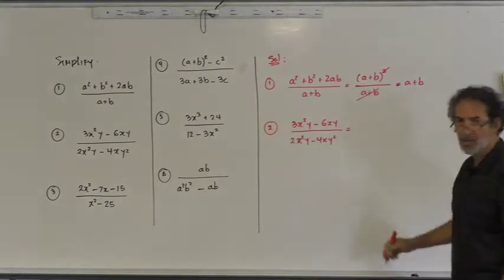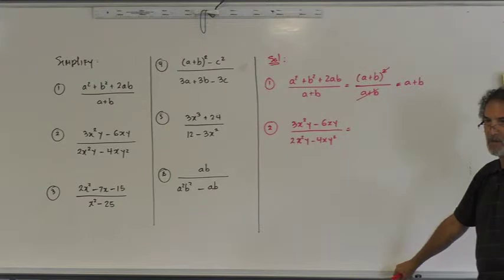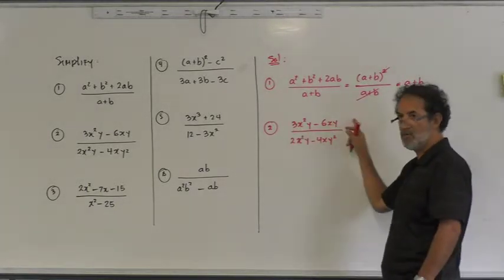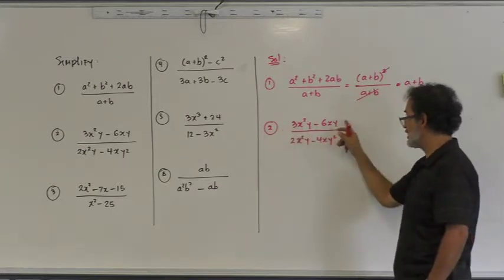In the top line, we don't have any special formula or identity or anything like that. So we're going to just take the common factor, normal factorization. What is the common factor between these two?